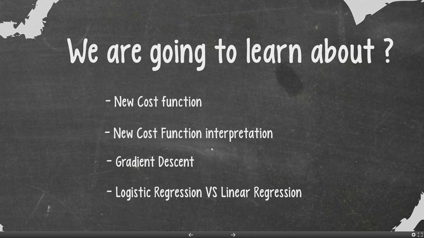We're going to do some interpretation of the function so we can understand exactly what's different and how it works. And finally, of course, after that we'll see gradient descent, how it becomes, or if it stays the same. Finally, we're gonna see logistic regression versus linear regression, some comparison of differences, what's equal, what's not equal, and so on. So let's start.